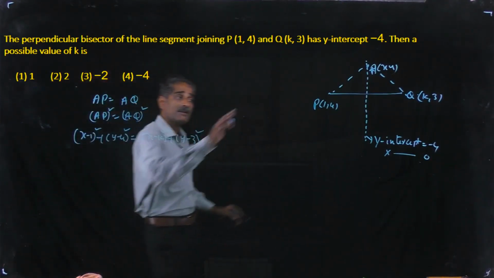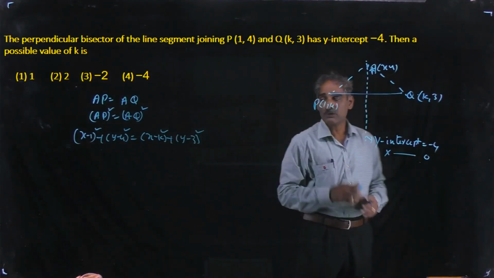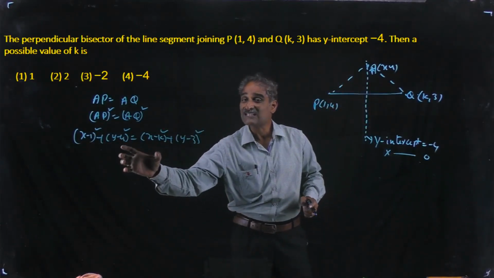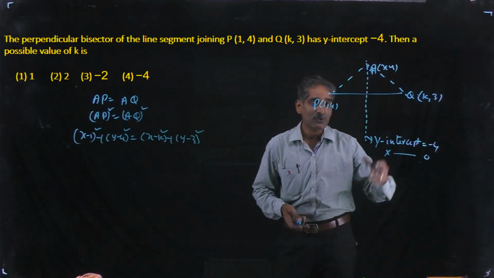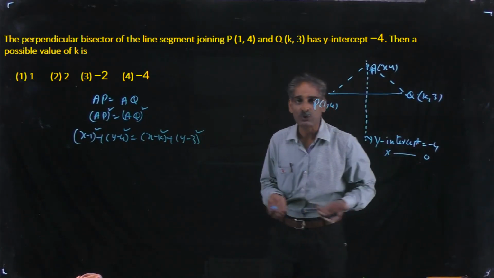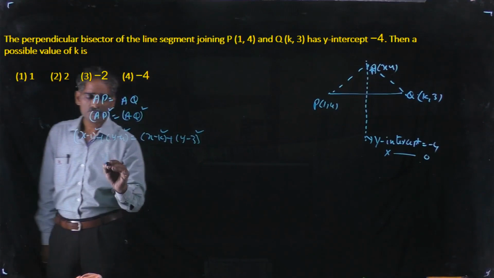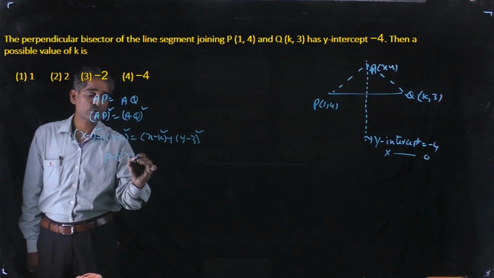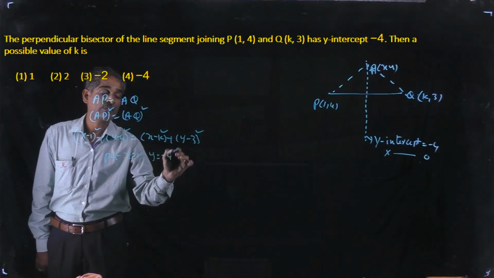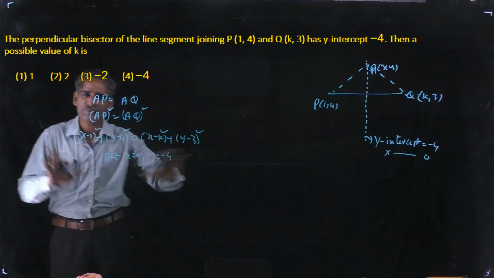This represents the perpendicular bisector. We are given that its y-intercept is −4. Therefore, at y-intercept −4, the x value is 0. So put x equal to 0 and y equal to −4 in the above equation. Then we will get the k value.